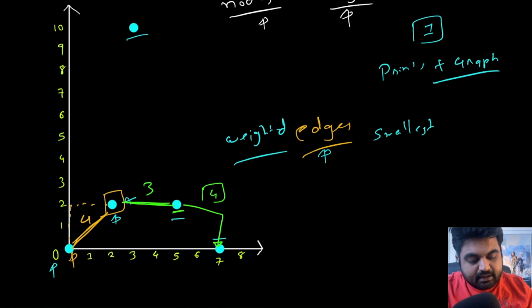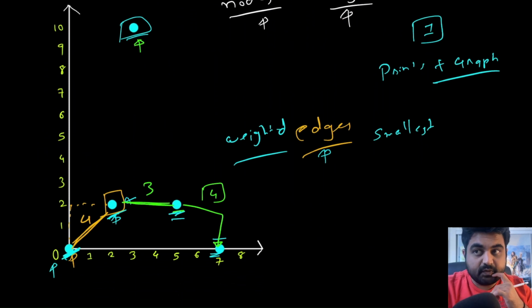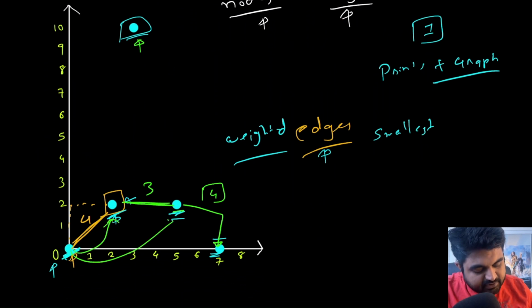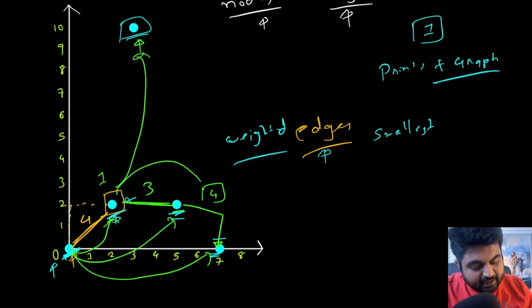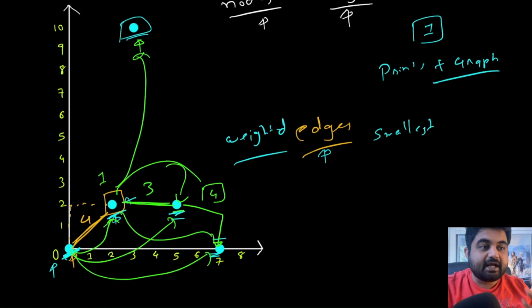But now we still have one more node remaining, and we already found the results for these 4 different nodes. So the question is, how do we know which node is actually going to connect to this particular node? For that, we will have to find a way, while we are calculating the distance from the 0th node to all the other nodes, and in the same way from this first node to all the other nodes, to keep track of all the nodes that are still remaining.